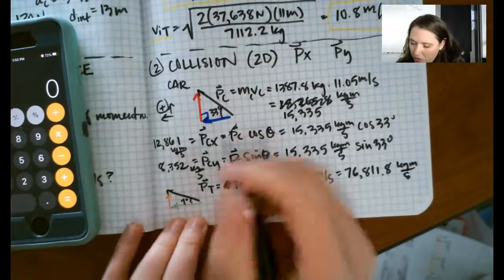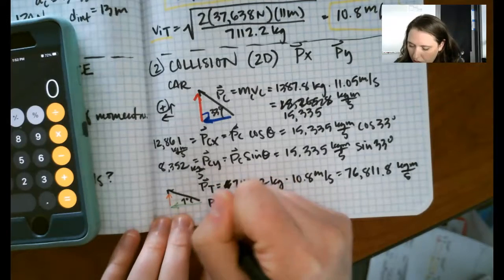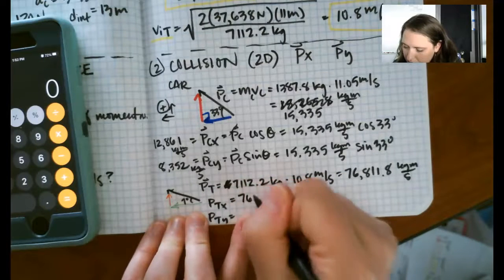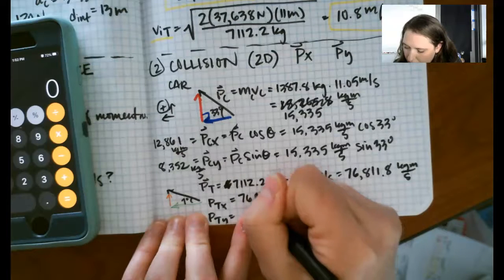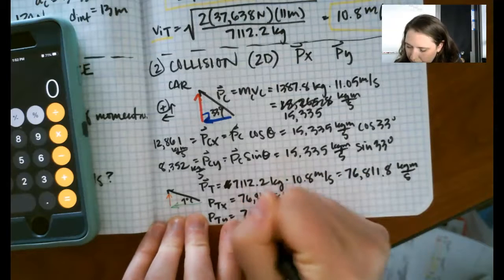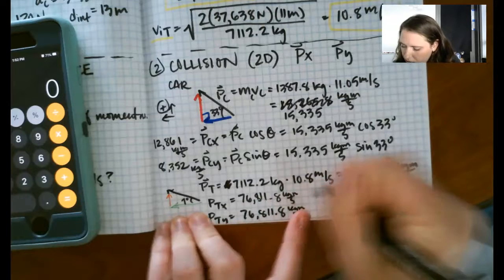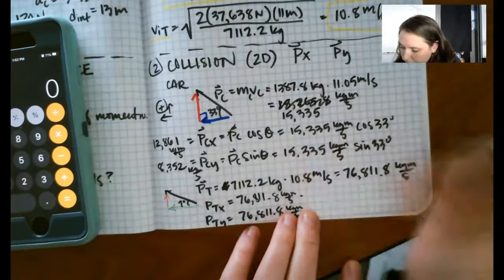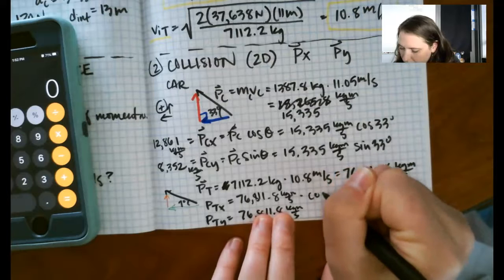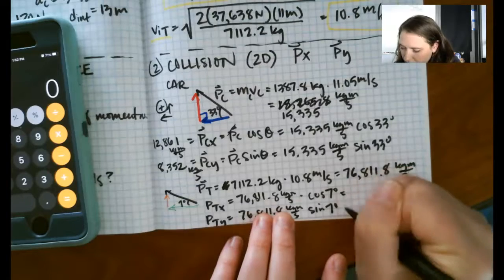And now I'm going to use the same math to figure out what the x component and the y component of my truck are. So I'm going to take that momentum, 76,811.8, times my angles here. The x direction is the adjacent side, so the cosine of 7 degrees, and the sine of 7 degrees.